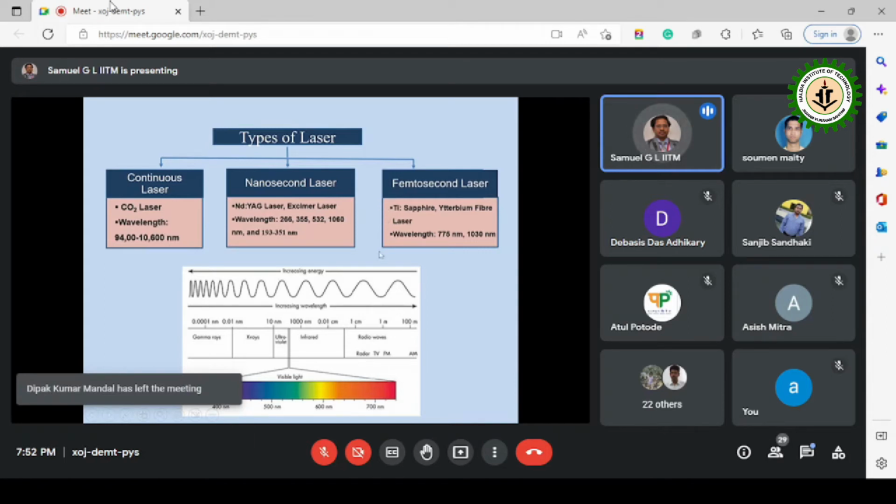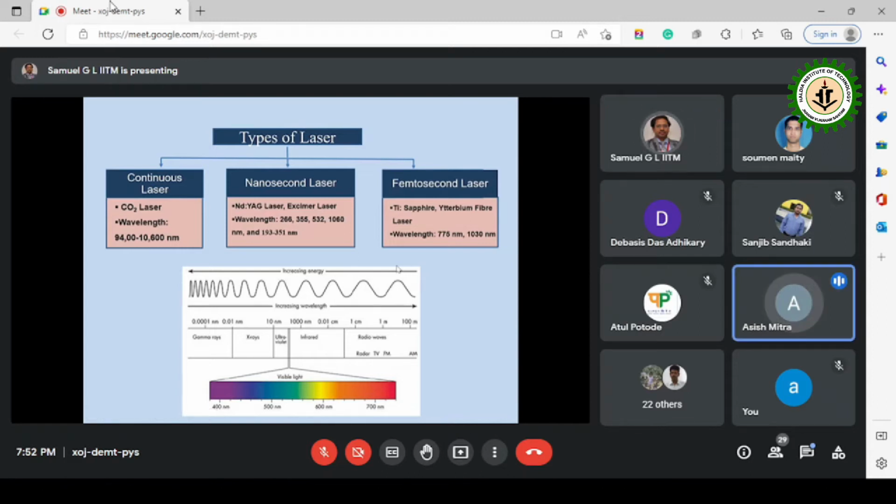Does anybody know what is femto? It is 10 to the power minus 15 meter, I think. Yeah, very good, it is 10 to the power of minus 15.